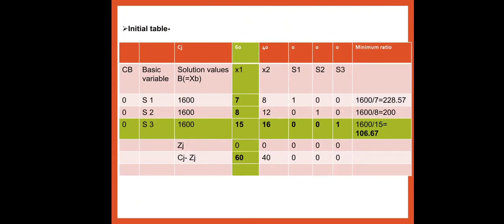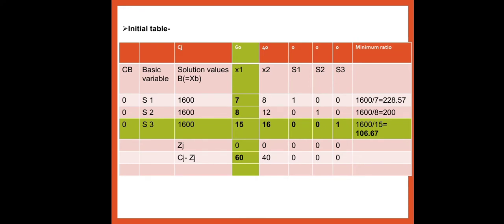Below the basic variable we need to write the slack variables, that is s1, s2, s3. On the left side, CB, we should write 0, 0, 0, because the s1 value is 0, the s2 value is 0, and similarly the s3 value is also 0.